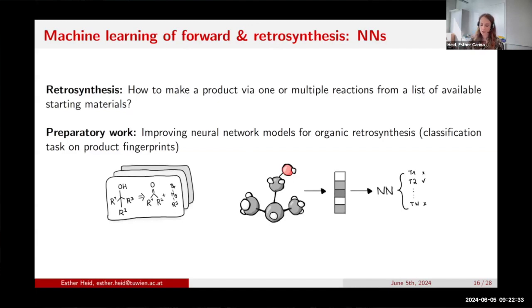The organic ones are usually based on USPTO and Pistachio, and then you compute all of these templates from the atom-mapped reactions that you get in your database, and the neural network that then does the retrosynthesis for you is utterly simple. You take your product, you turn it into a 2-dimensional fingerprint. There's a neural network that is basically just one layer of neural network, and it will tell you, oh, well, this product is template 2.